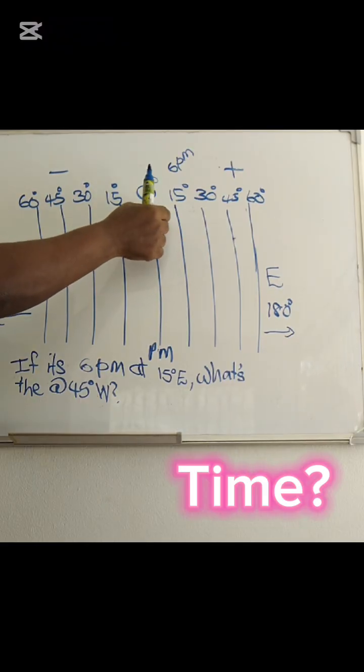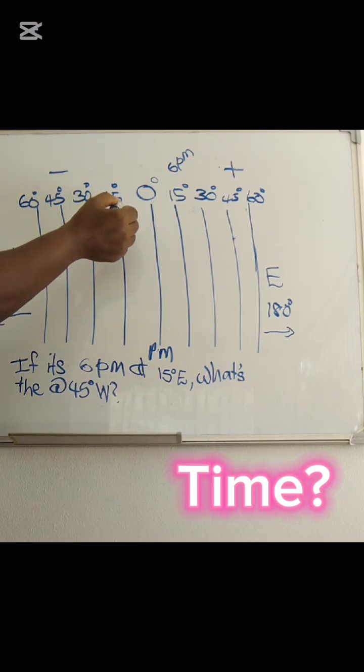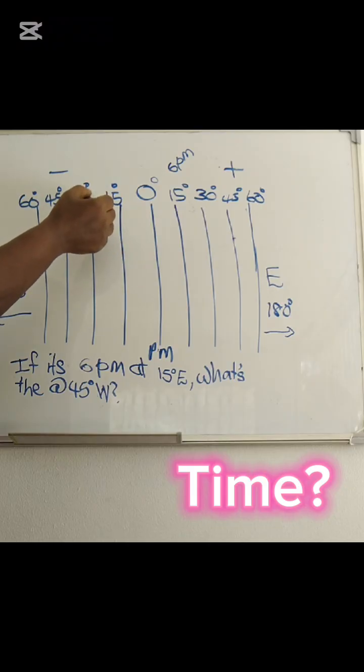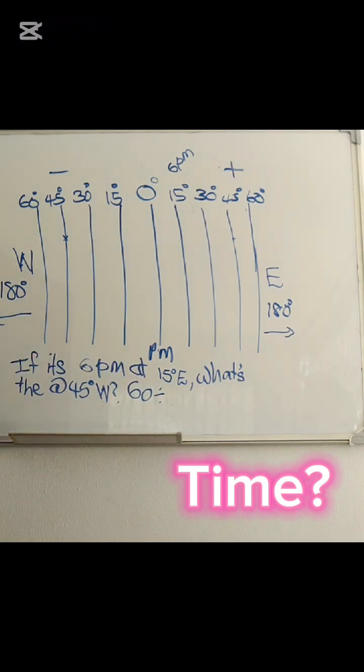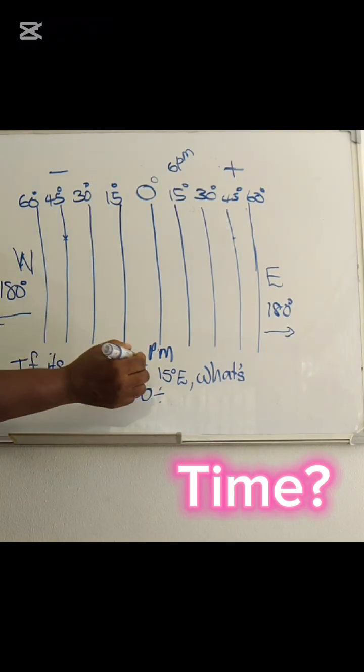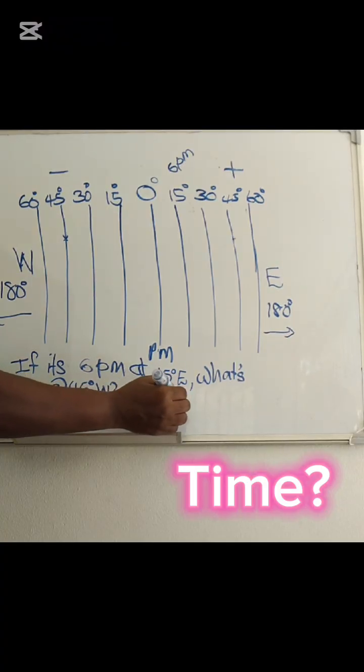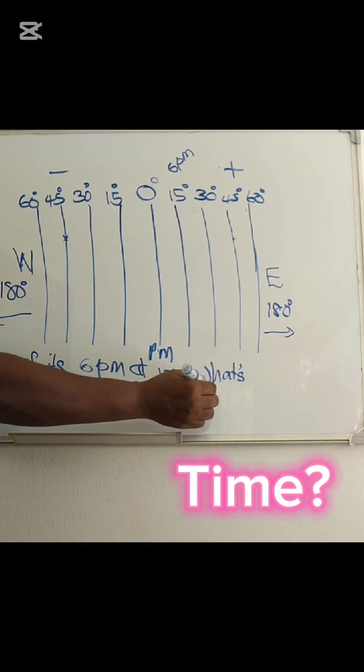So from 15 to 0, that's 15. Here it's another 15, that's 30. Another, that makes 45. And another, that makes 60 degrees. So that would be 60 divided by 15, and that is equal to 4 hours.